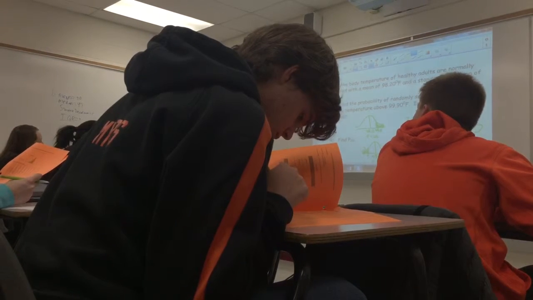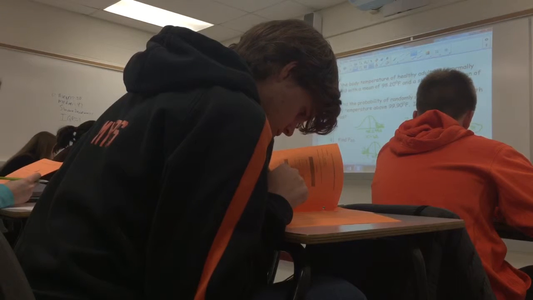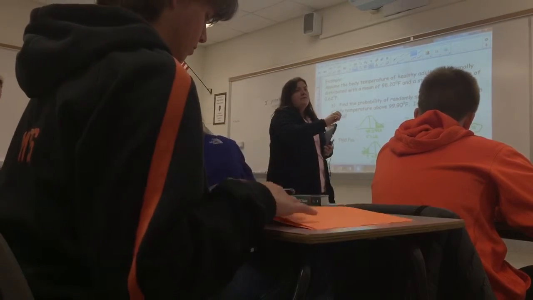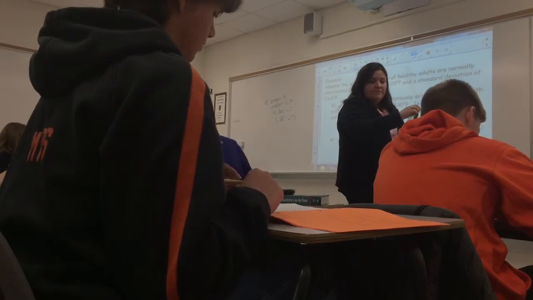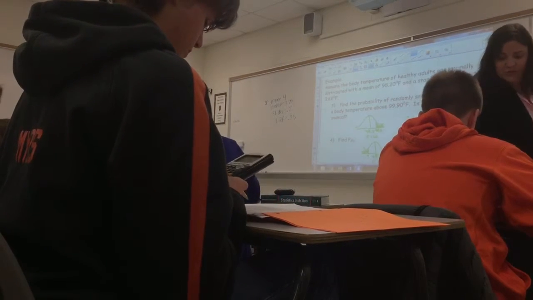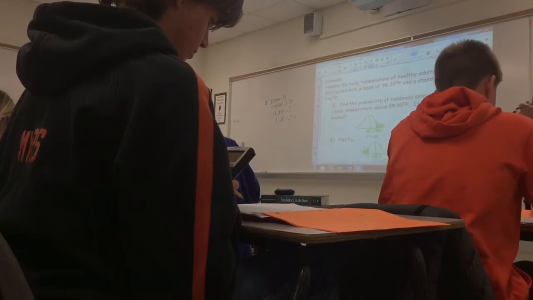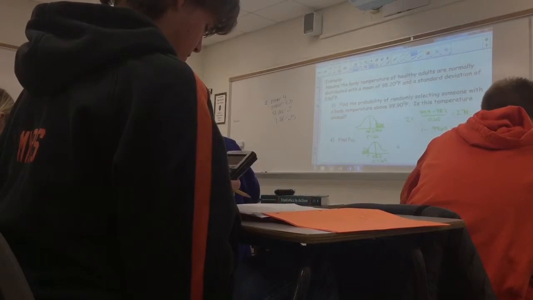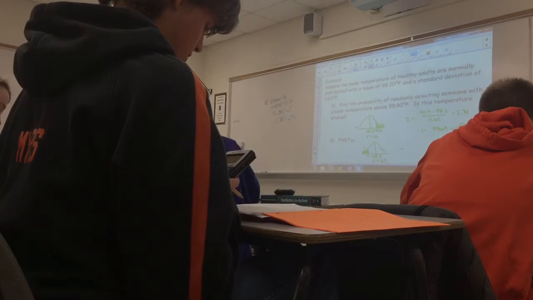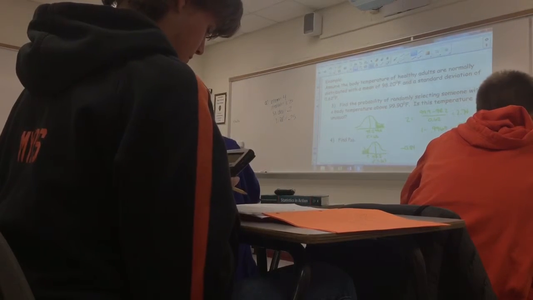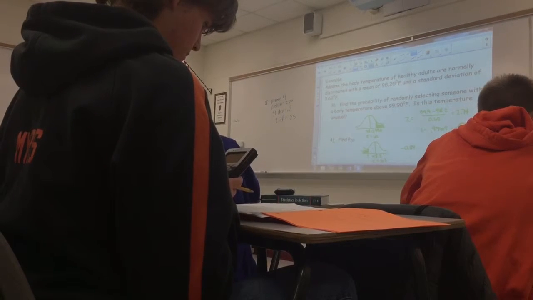Find points on the inside. What's that? Negative 0.84. We find 0.2 inside, but you have to go to the negative. So negative 0.84 is your z-score. Everyone okay with that?